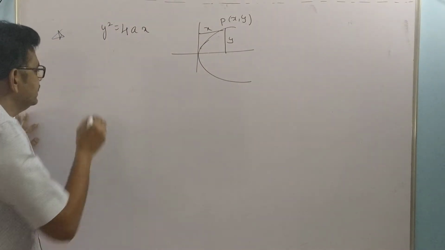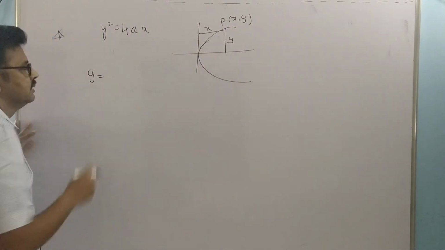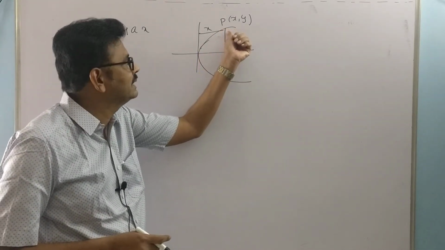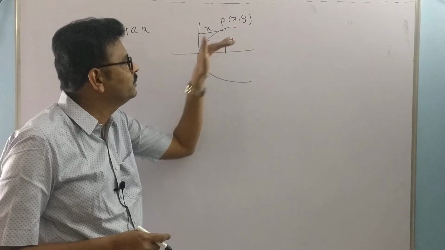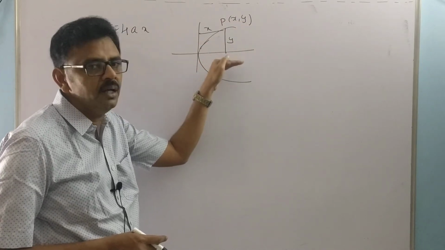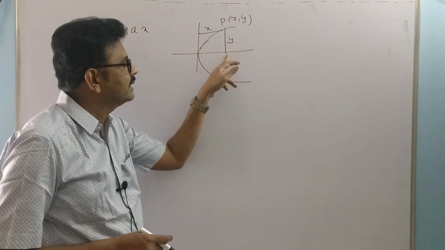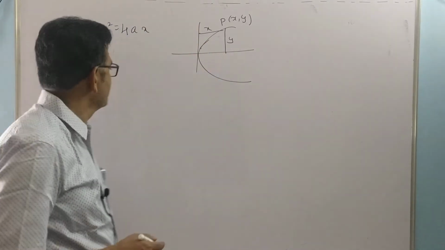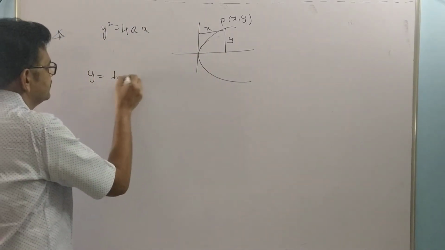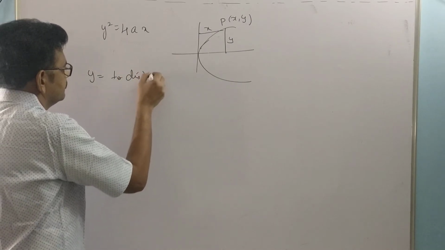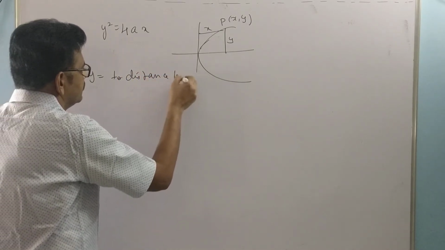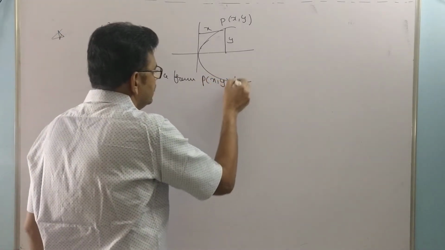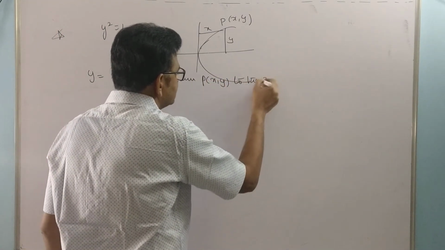Y is the length of the perpendicular distance from the point (x, y) to the axis of the parabola, not the x-axis, that is called the axis of the parabola in general.